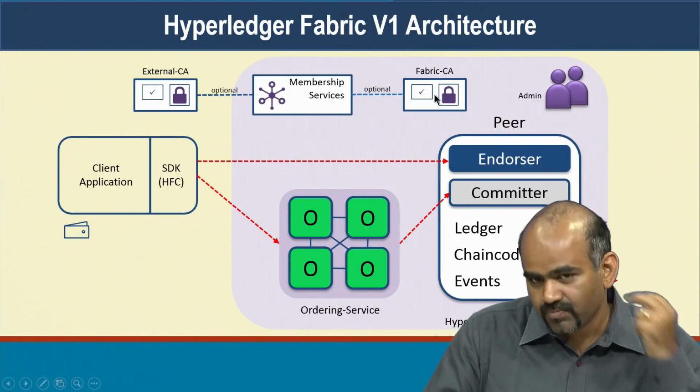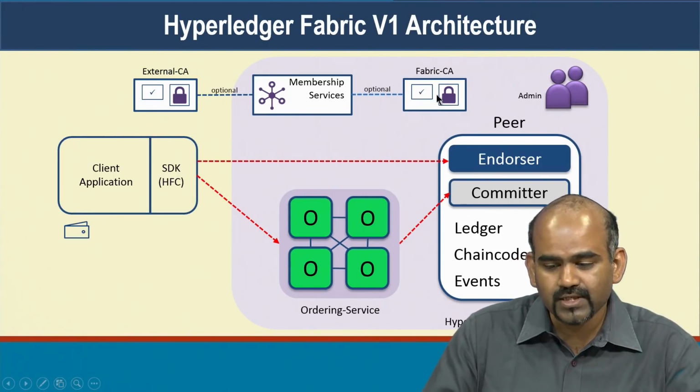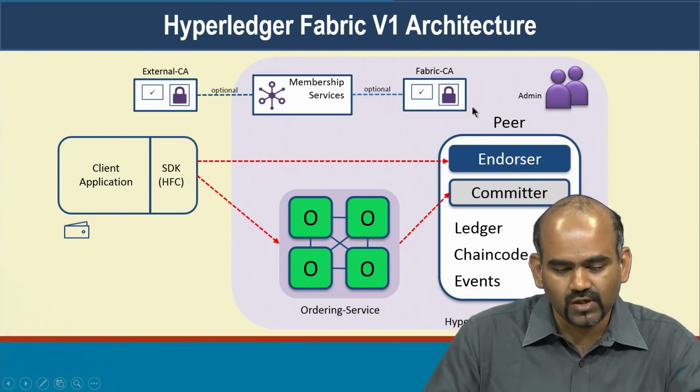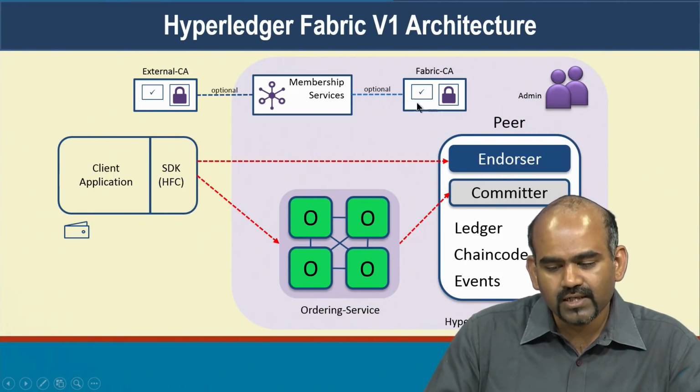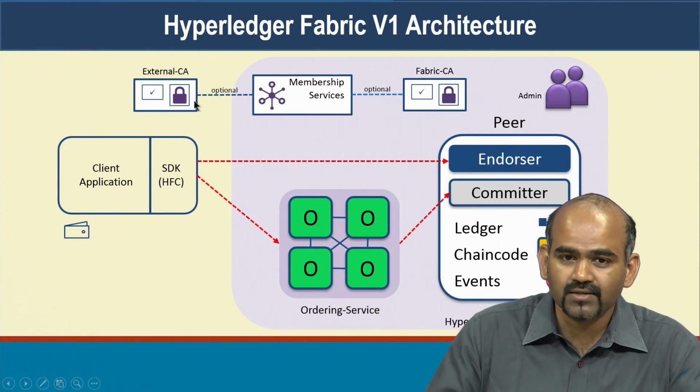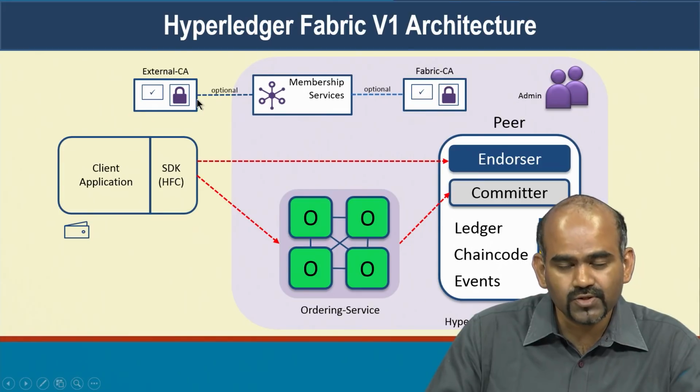Praveen has these following attributes and so on, right? That is the role of the certificate authority. The certificate authority is a pluggable module. So it's very much possible for someone else to bring their own certificate authority that issues certificates. So you can bring in external certificate authorities as well.